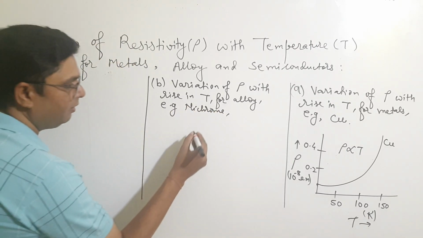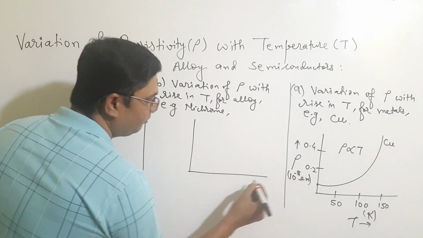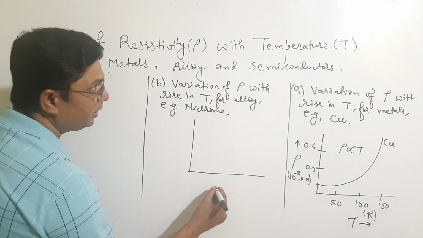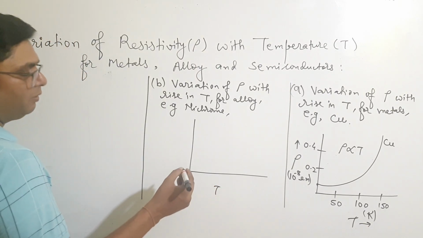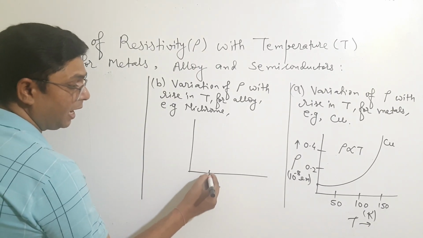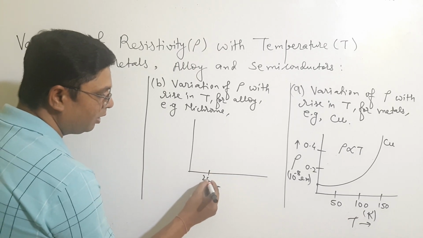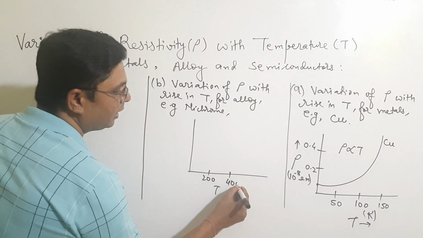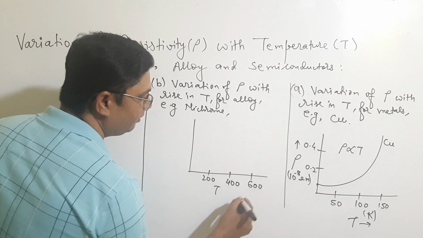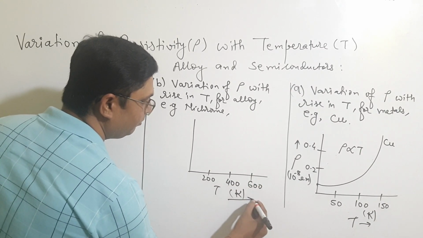Here we will draw the graph, and again we take temperature T, and the values for temperature will be taken high because it is an alloy. It is 200 Kelvin, 400 Kelvin, 600 Kelvin. It is taken in Kelvin.